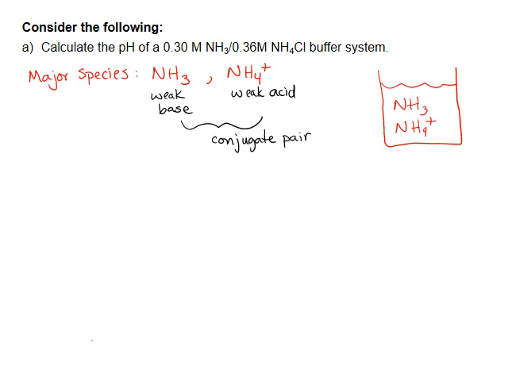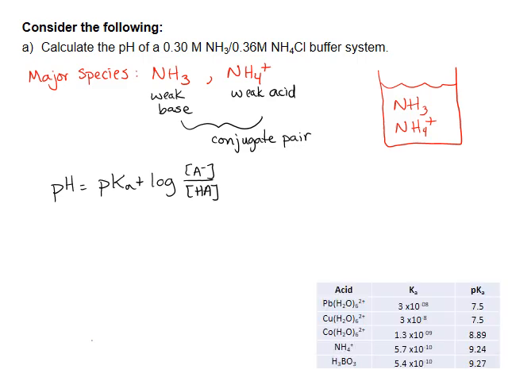In this problem, we're not adding any strong acid or base, so we won't have to worry about that step. To calculate the pH of a straightforward buffer, we can use the Henderson-Hasselbalch equation. We already know the concentrations of our weak acid and weak base, so we just need to find the pKa value. If we look at our reference table, we see that the pKa of the ammonium ion is 9.24.